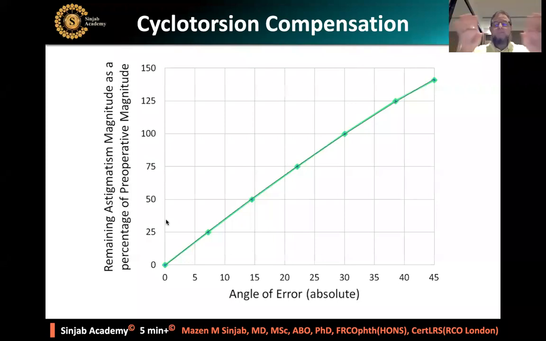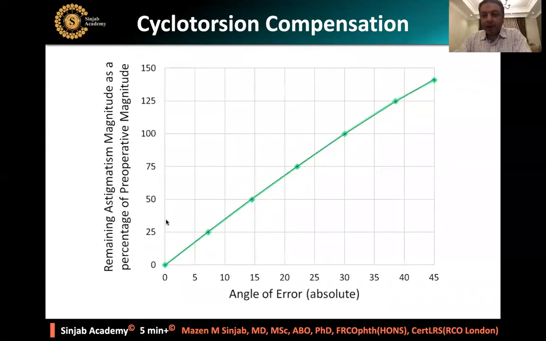Because the profile of the laser will go in a place, and we cannot rotate the profile of the laser. We cannot tell the machine, don't apply on 180, apply on 10 degrees instead, because we are entering the manifest refraction. If the astigmatism is at 180, the profile will apply it at 180.